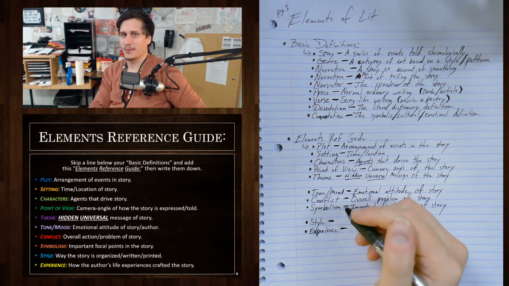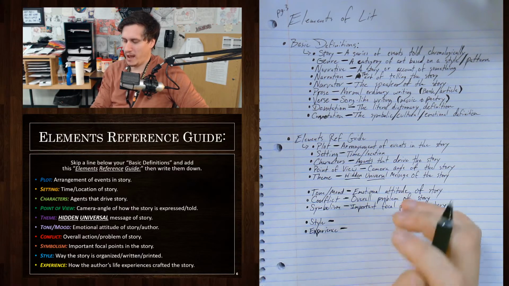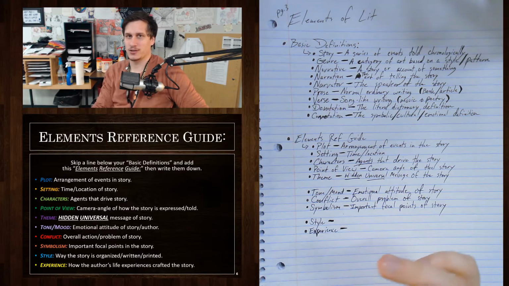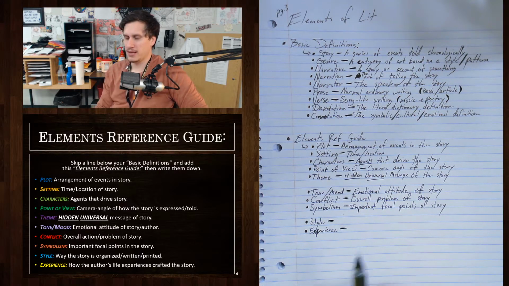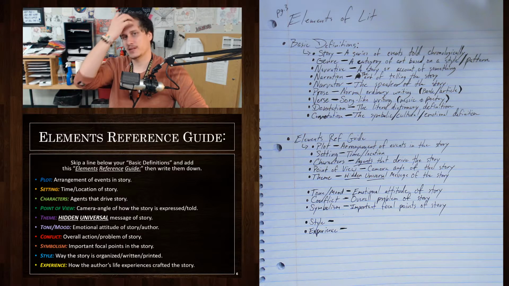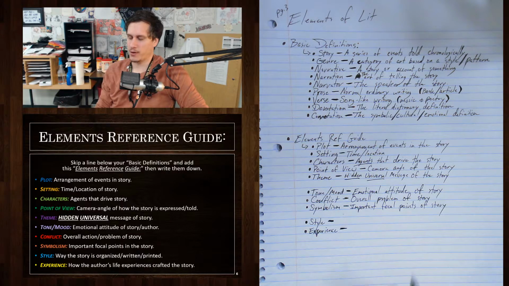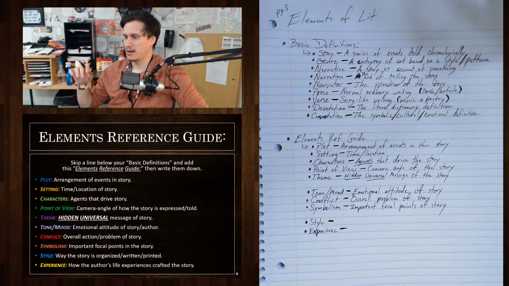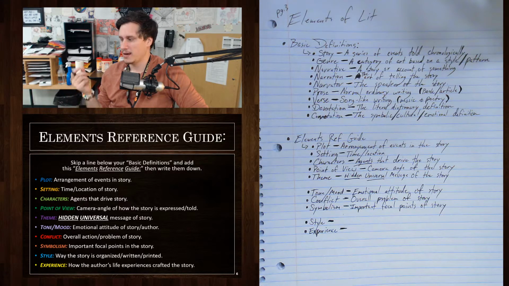Okay, style is going to be the way that the story is actually constructed. Plot is going to be the arrangement of events, but style is going to be the way you actually execute the story. You know, are you doing it in a movie-like fashion? Are you doing it in this format or this format? Do you have a poetry book? Do you have a book with a spine on it? You know, things like that.